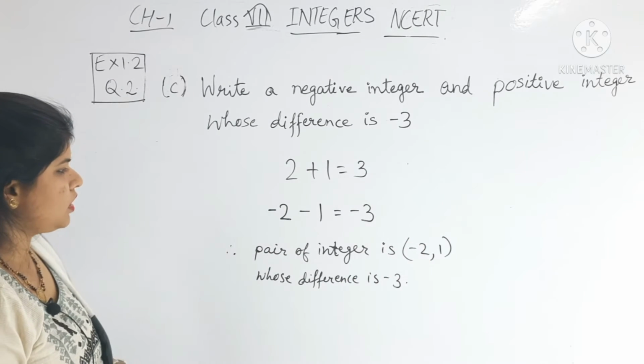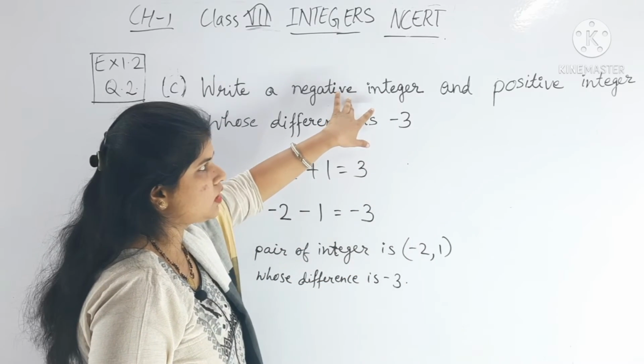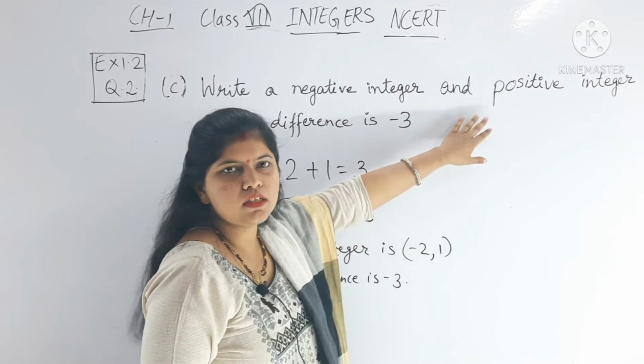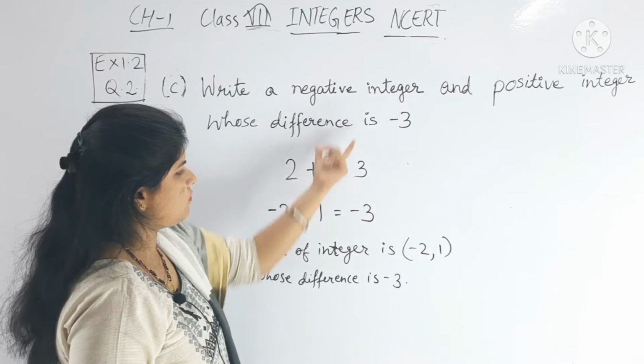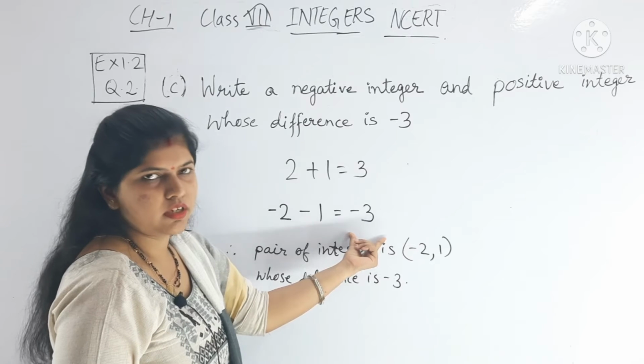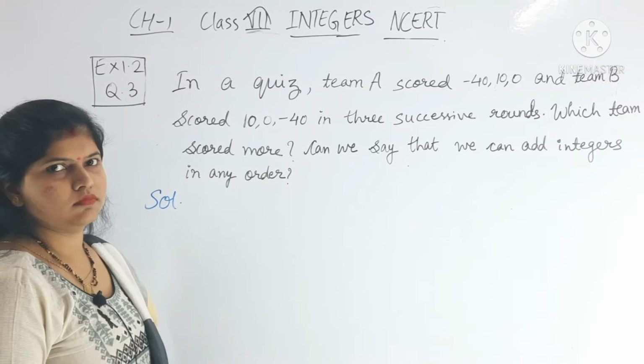Okay, here we are getting -2 as a negative integer and +1 as a positive integer whose difference is -3. Okay, this is the solution for the part C.